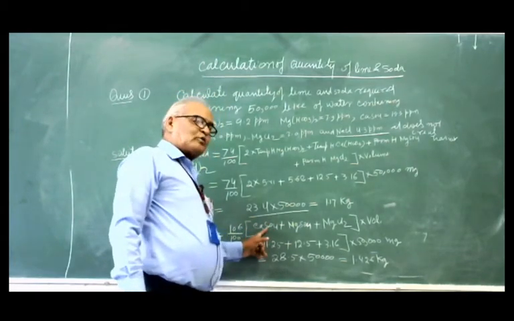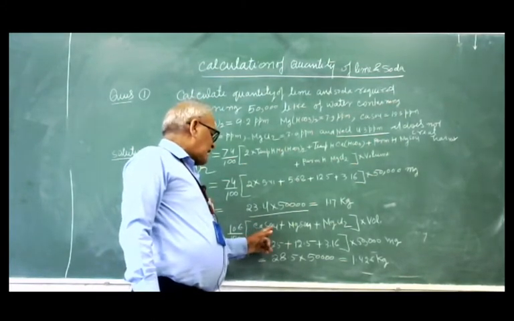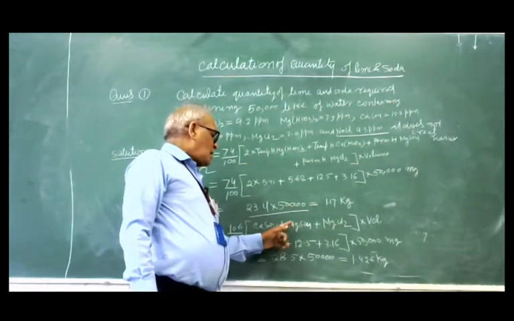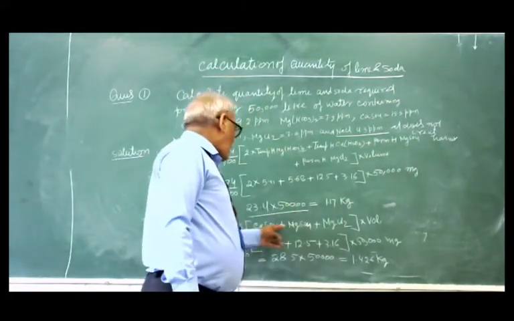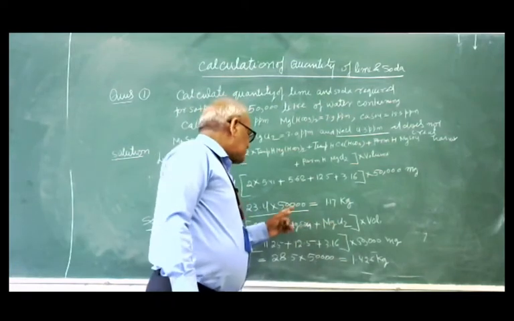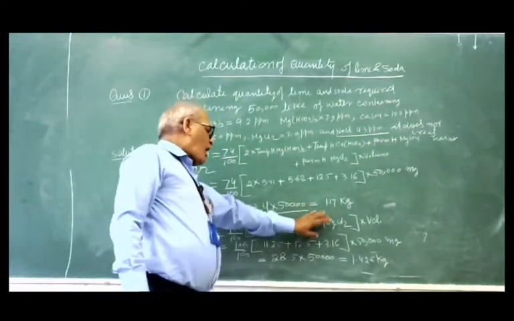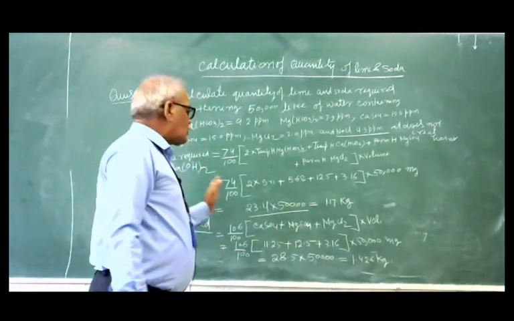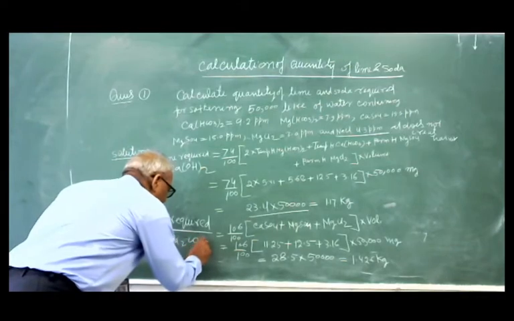This is the salt which creates permanent hardness. So permanent hardness of the calcium sulfate plus magnesium sulfate plus magnesium chloride. So all these salts, magnesium sulfate, magnesium chloride, calcium sulfate, react with the soda. Soda means Na2CO3.